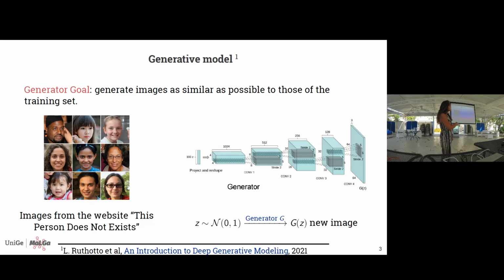Then we project and reshape, and we apply some convolutional layers in order to obtain an image as output. The first layer is a fully connected layer, as we will see later, and the others are convolutional layers. This is the structure we use in our work, and it is a very common structure.